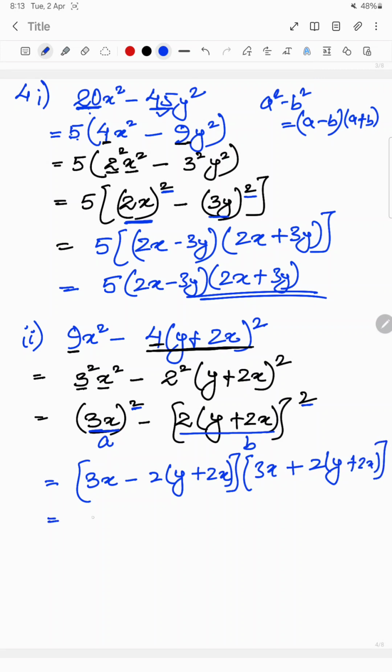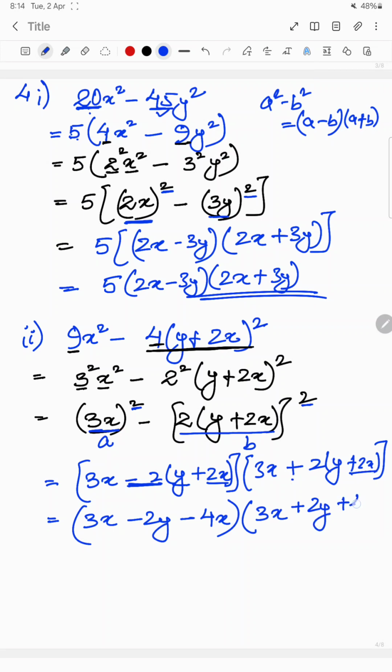Now let's remove the bracket. So 3x minus 2 into y will give me minus 2y, minus 2 into 2x will give me minus 4x. Okay, into here let's remove the bracket. 3x plus 2 into y will give me 2y, plus 2 into 2x will give me plus 4x. So here what do I get?